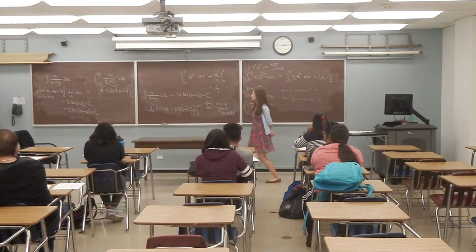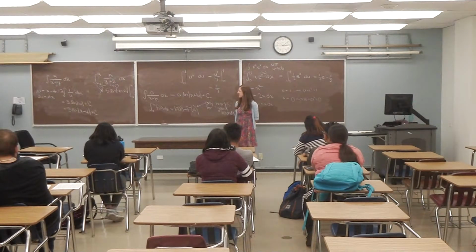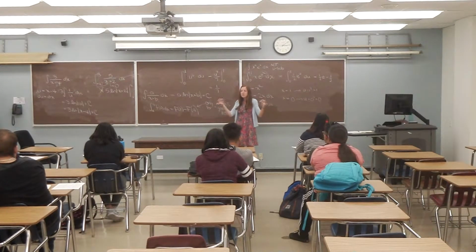So do we feel comfortable with this idea that plugging in -2 is bad? Like I can't do it. So what is a concept from Calc 1 that we use when we can't plug in a number, but we want to see what's happening close to that number? Limits.